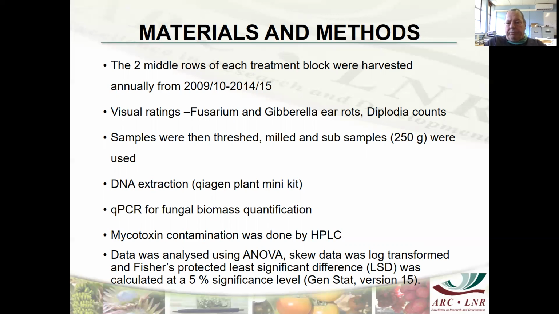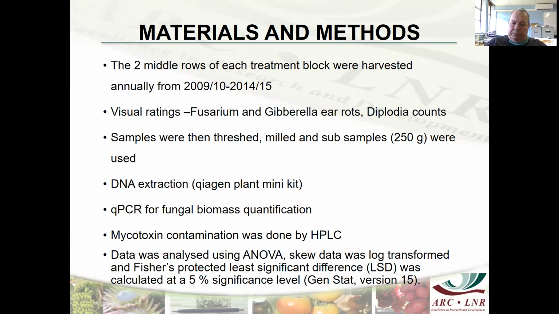Samples were then threshed, milled, and subsamples of 250 grams were used. Samples were then subjected to DNA extraction, a cryogen plant minikit, to quantify the biomass of the fungus.